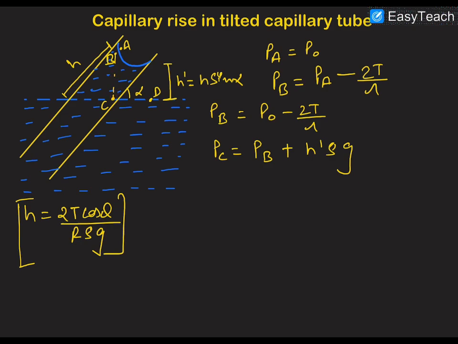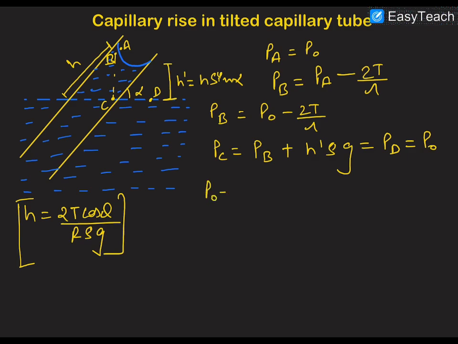So this is h dash rho g. Now, PC will be equal to PD, because Pascal's law is valid here, because the liquid is not flowing, it is at rest, and PD is also exposed to the atmosphere, so PD will be equal to P naught, and PB is P naught minus 2T by r.